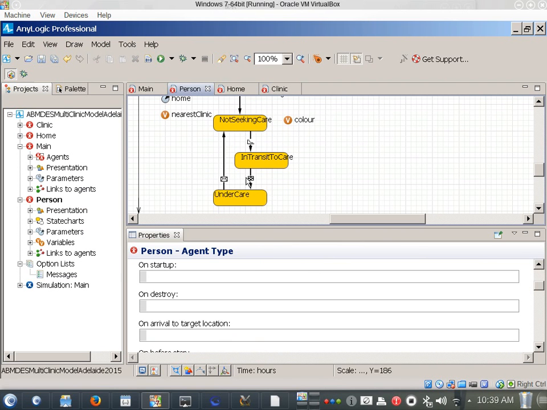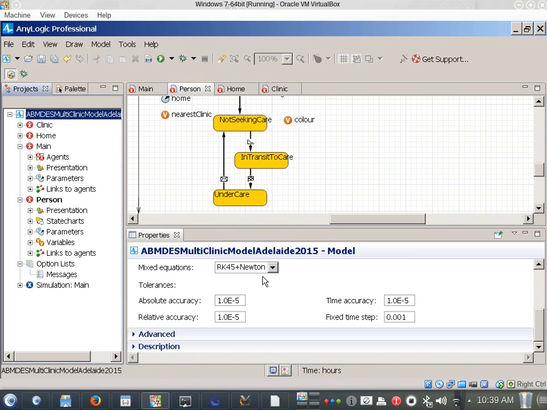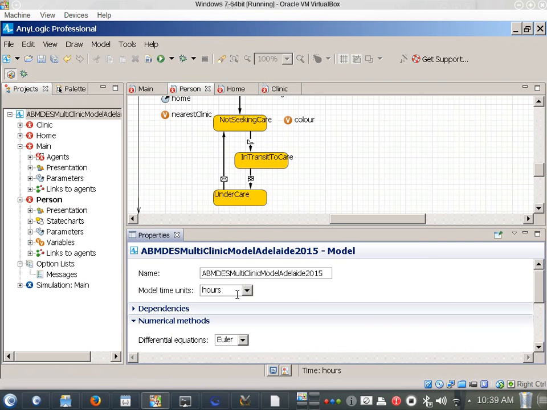So where do you do that? You do that in the model as a whole, and you specify model time unit hour. Are people okay with that?